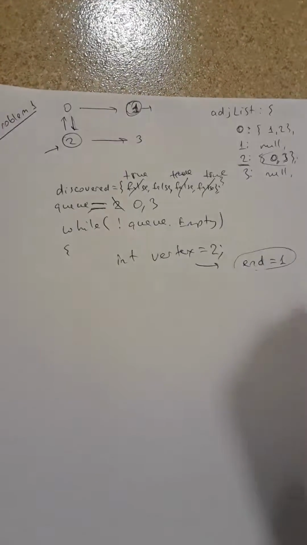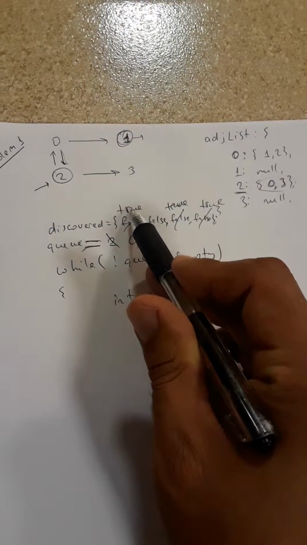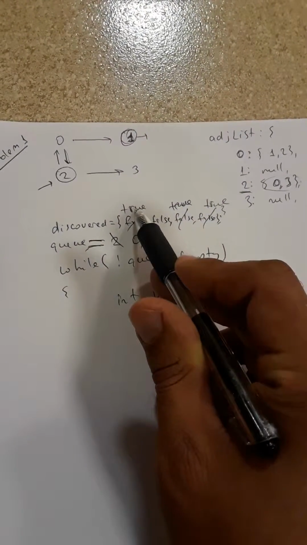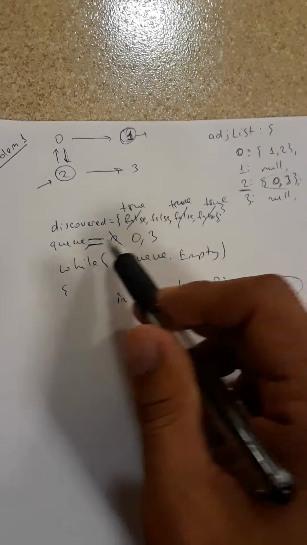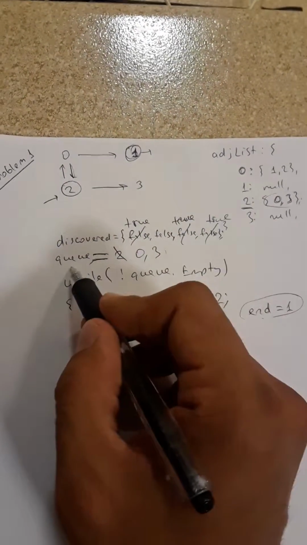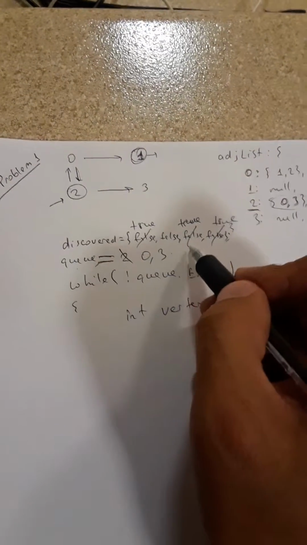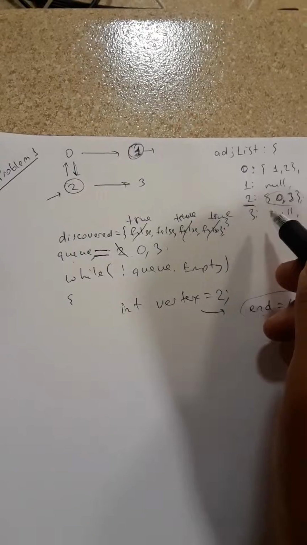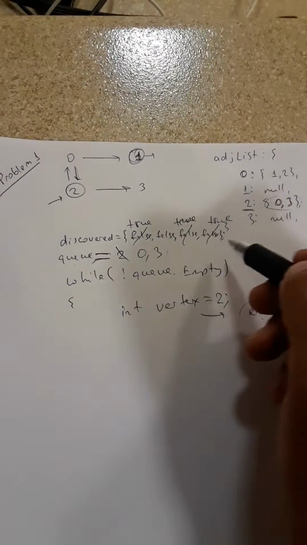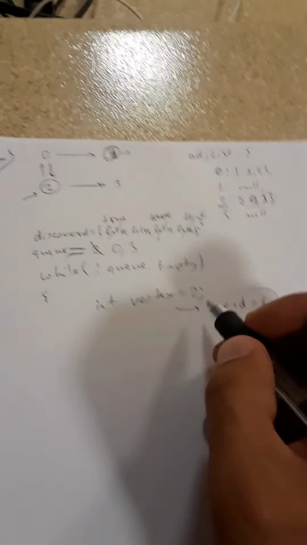This means that we are not going to push this 0 and 3 to our queue again. We will push to the queue only edges that have not been considered before. That's why we're changing it to true.